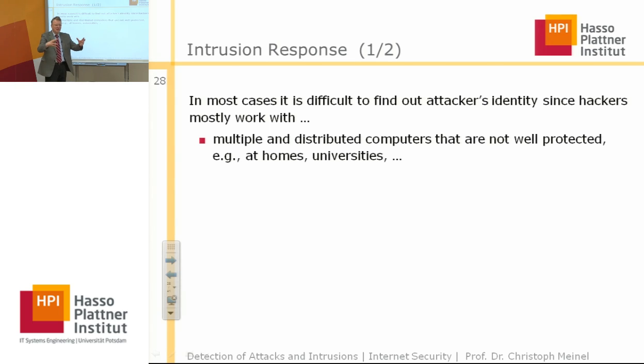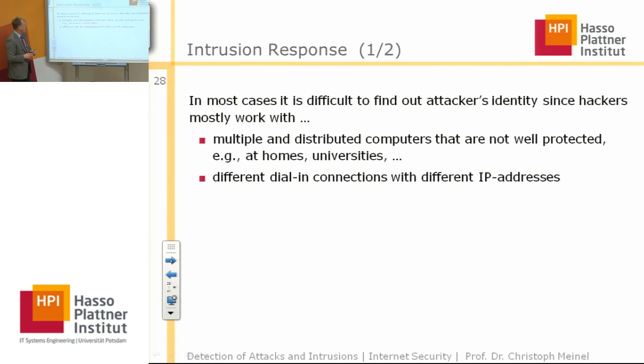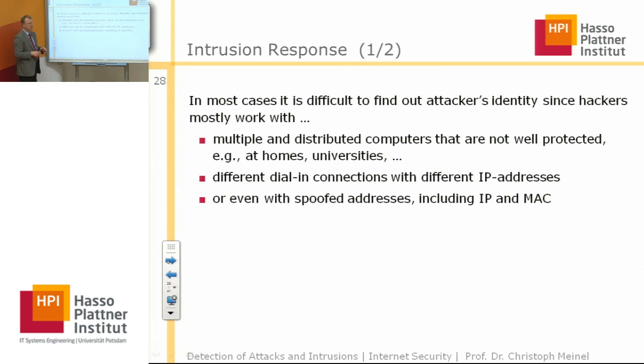And the botnet clients are computers connected to the internet that are not well protected, for example, computers at homes or sometimes in university tool rooms or others. They use different call-in connections with different IP addresses. Also, this makes it difficult to identify an attacker.